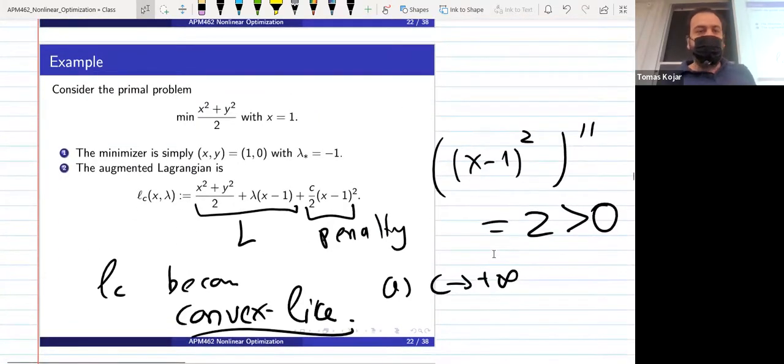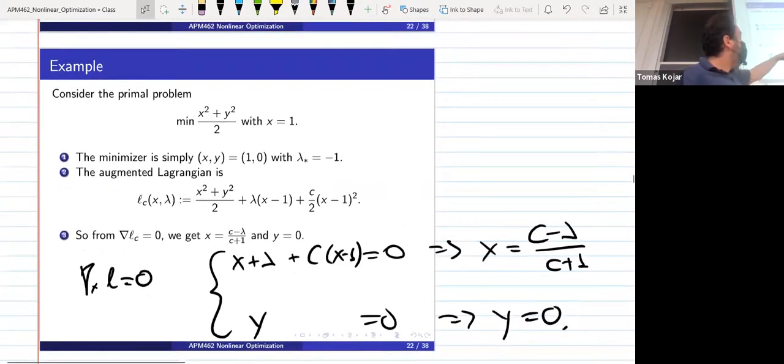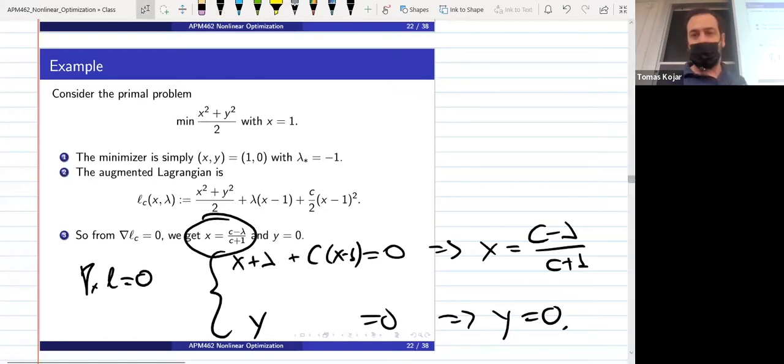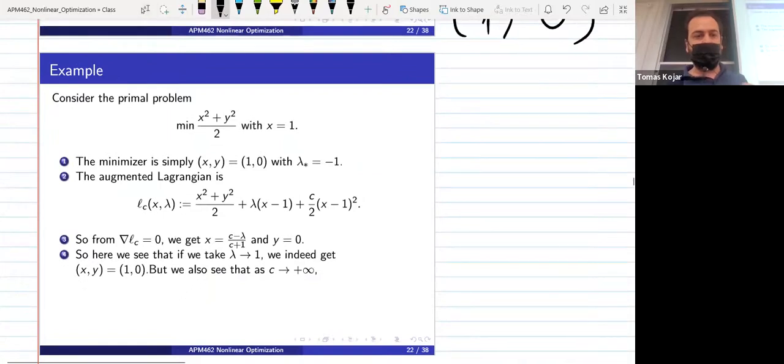I found you the Lagrangian. I minimized it using stationarity. And I found my minimizer, x. And then we observed that as you take c to infinity, you get back your minimizer.